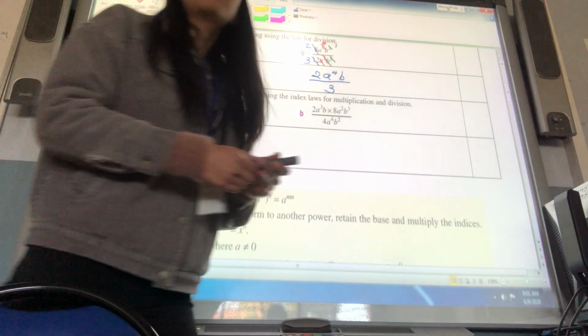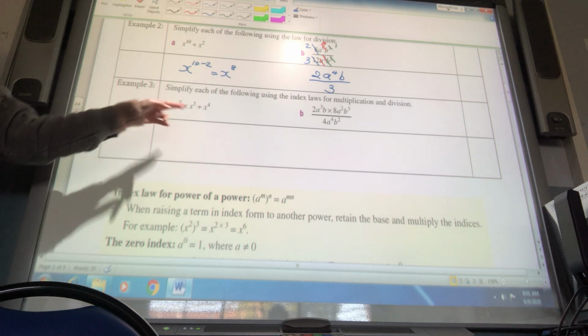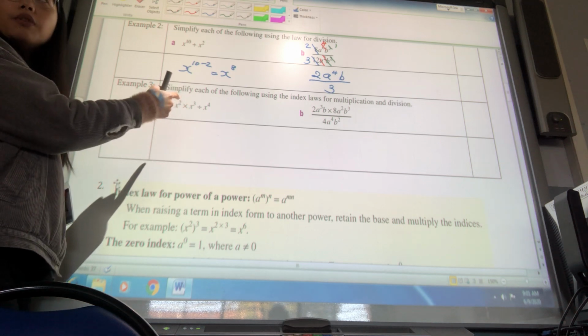The answer is x to the power of 3. How did you get that? X, so you do 4 minus 3, so x times x. Is it 4 minus 3 or 3 minus 4? It'll be 3 minus 4, right? Because x to the power of 3 is in the front.